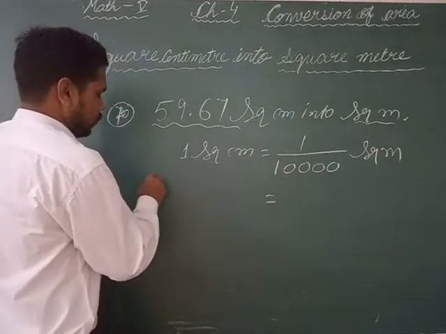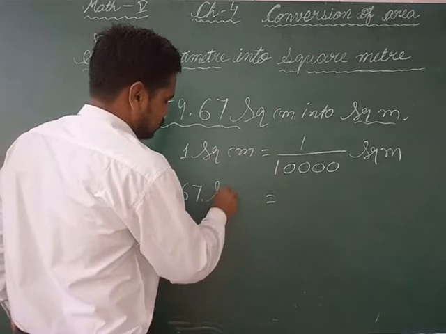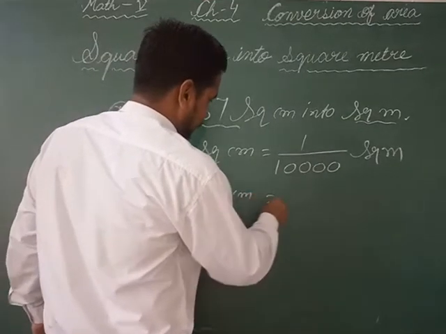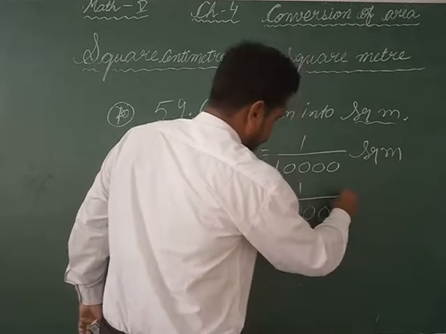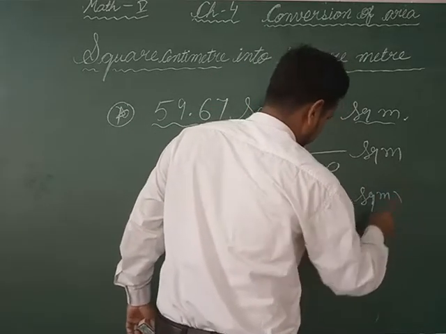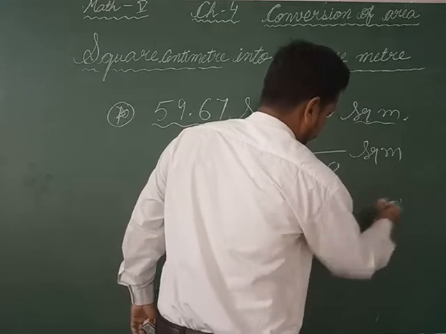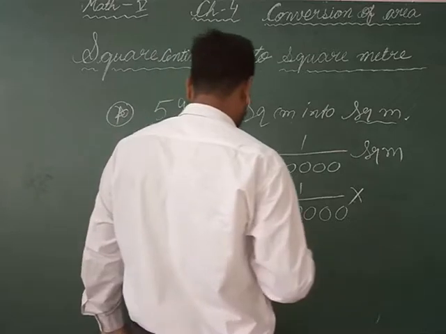So for 59.67 square centimeter, it will be 1 divided by 10,000 square meter, multiplied by 59.67.